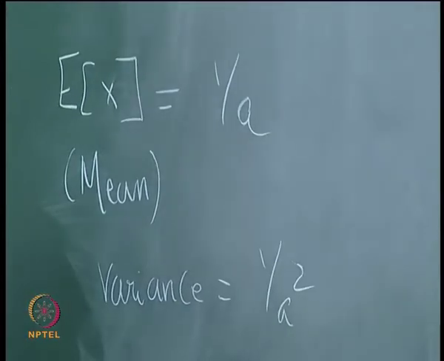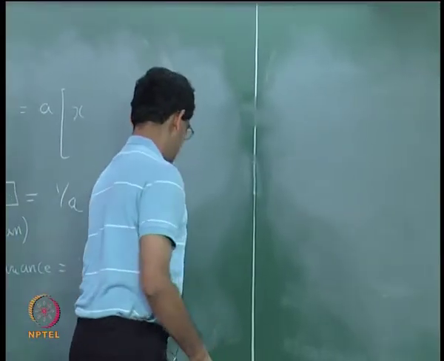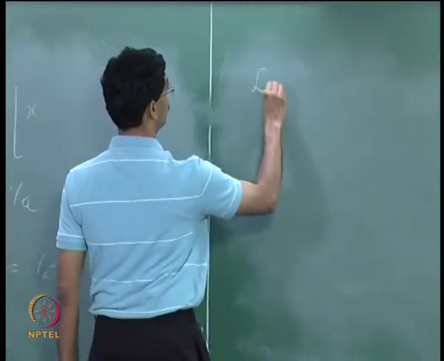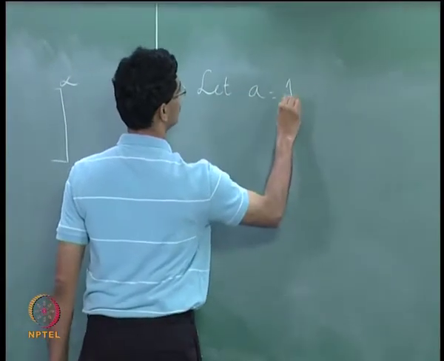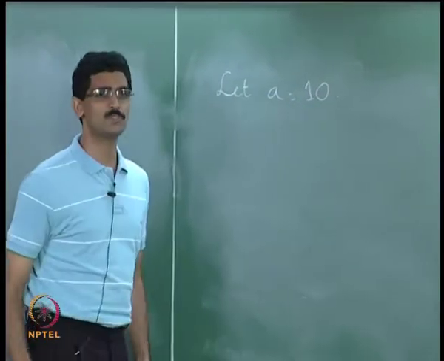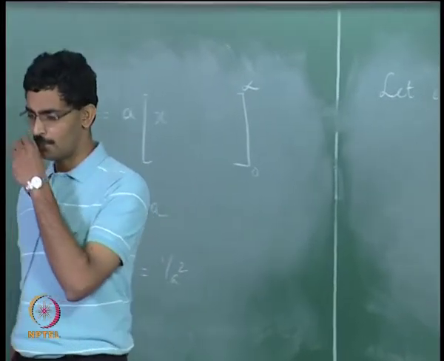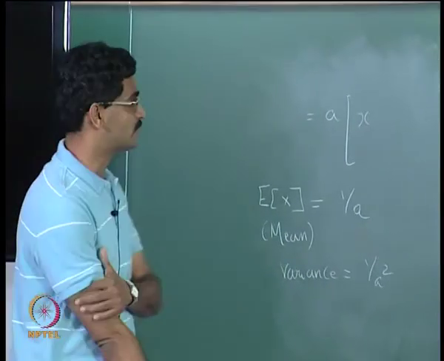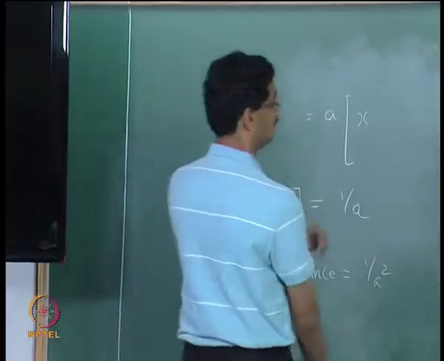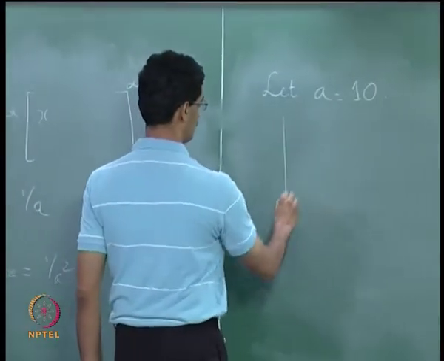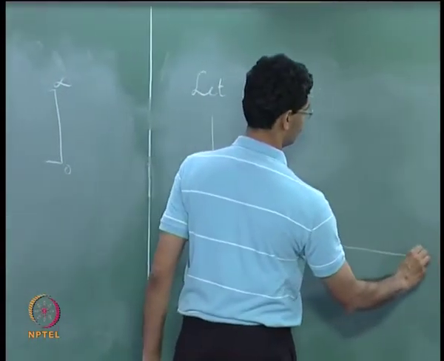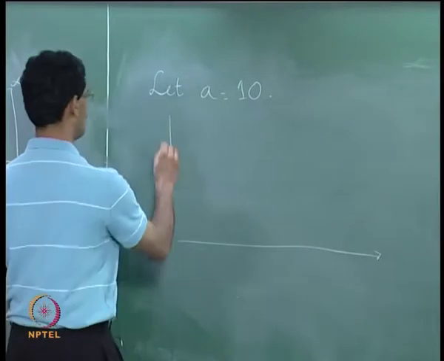So pictorially what this looks like is, okay, so let a equal 10, which means the mean is 0.1 seconds, or whatever this unit is. So what does your graph look like if you have to plot your f of x?